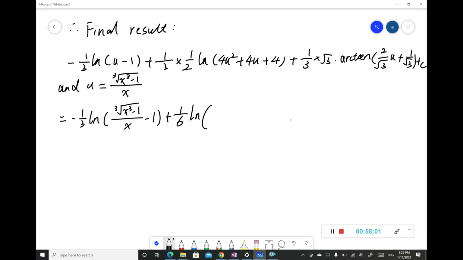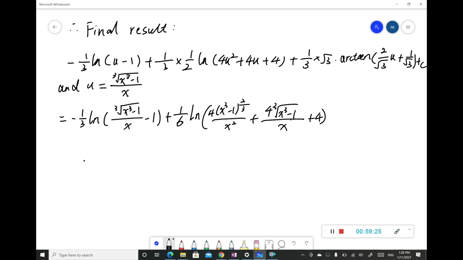Log of parentheses x cubed minus 1 squared, divided by 3 and x squared, and the coefficient is 4, plus the radical 4 times the radical of x cubed minus 1 divided by x, and plus 4.